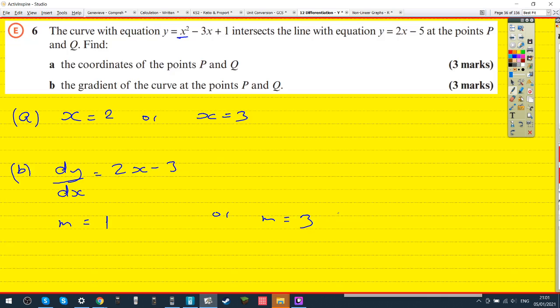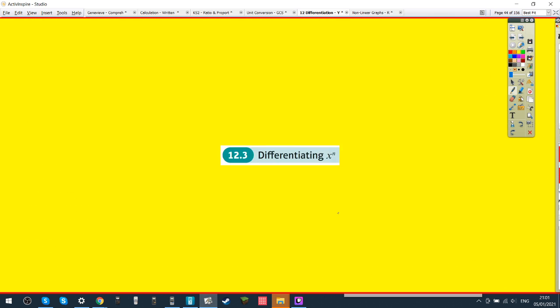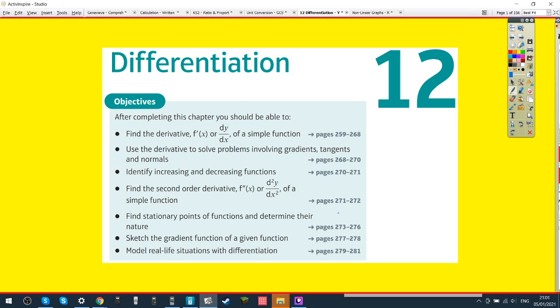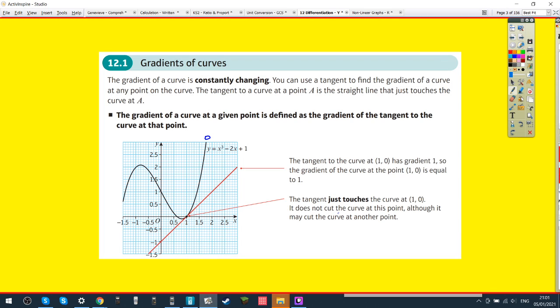That's great. So, big picture is to find the gradient of a straight line, you've had to do y2 minus y1 over x2 minus x1. Yeah. Gradient of a curve is always changing. So, the gradient of a curve at a point is the same as the gradient of a straight line at that point, a tangent. Yeah.